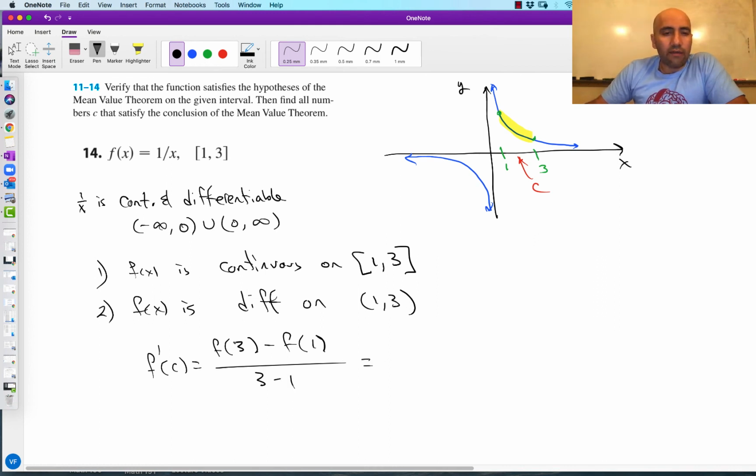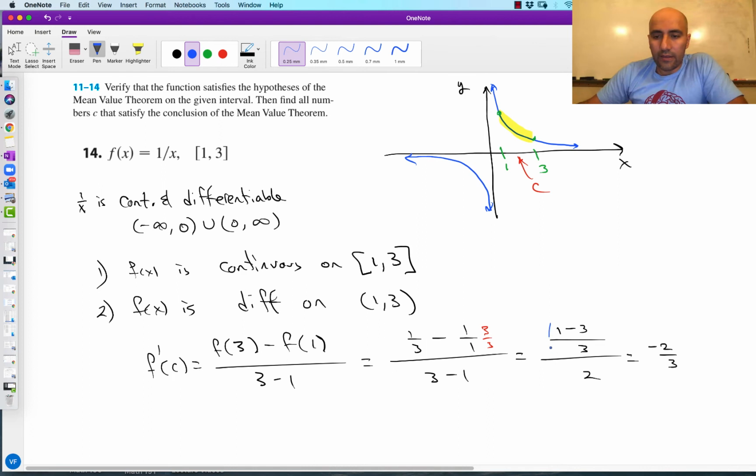This is equal to f of 3, which is 1/3, minus f of 1, which is 1 over 1, divided by 3 minus 1. We're going to common denominator. Let's multiply this by 3 over 3. That's going to give me 1 minus 3 over 3 all over 2, which gives me negative 2 thirds in the numerator times the reciprocal of the denominator.